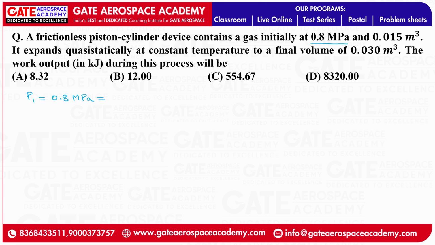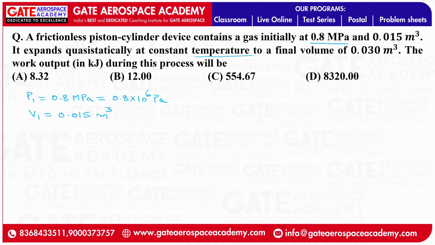Mega means 10 raised to power 6, so 0.8 into 10 raised to power 6 Pascal or Newton per meter square. And volume is also given. V1 is given, 0.015 meter cube.